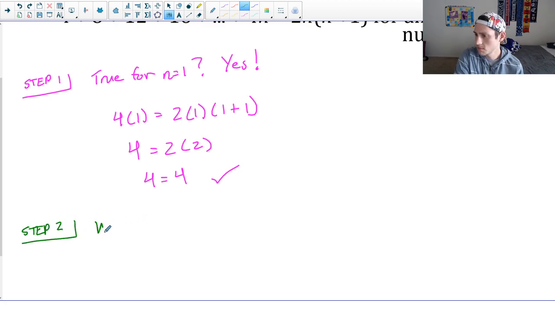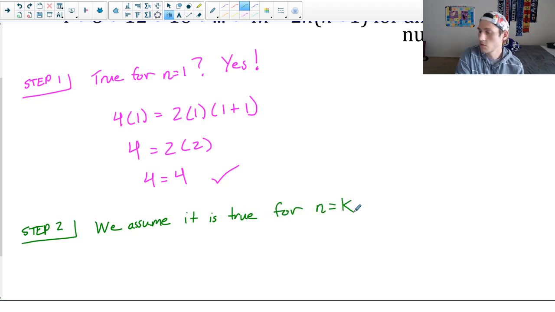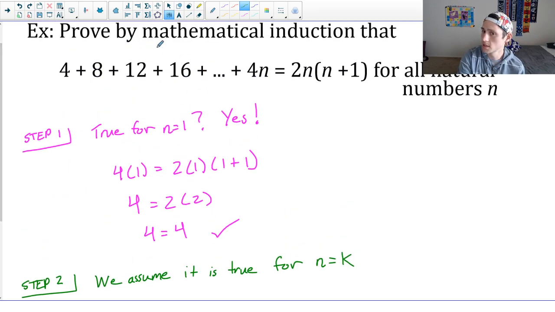Step two, so we've got to do a little bit of writing. We assume it is true for n equals k. So I'm going to use this exact same thing, except I'm going to plug in k. And k represents just any spot, any number, doesn't matter. Any domino in the line, if we pick out any one of those.